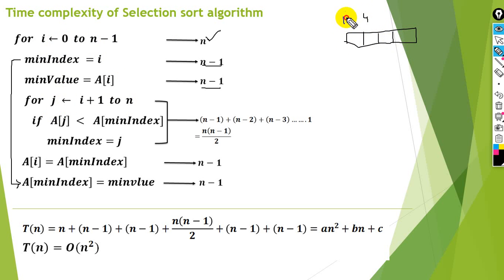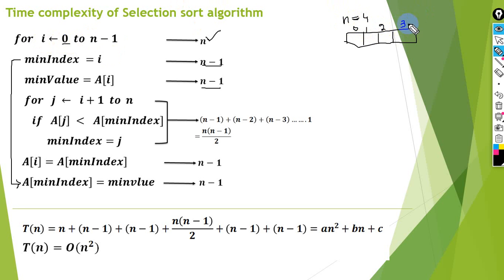So it means n is equal to 4. i is equal to 0, starting from 0, so it reaches index 0, 1, 2, 3.